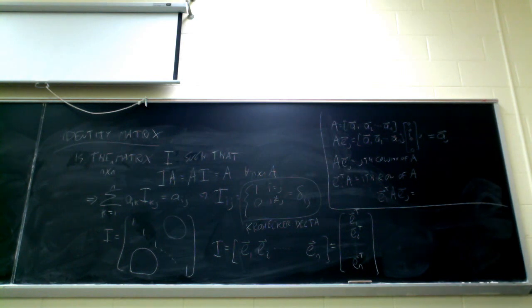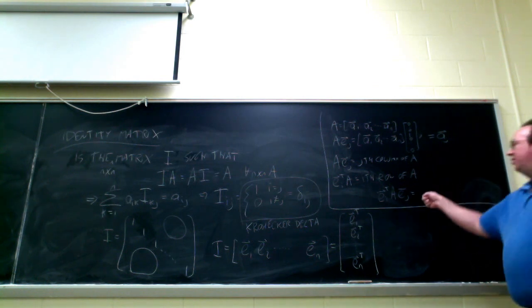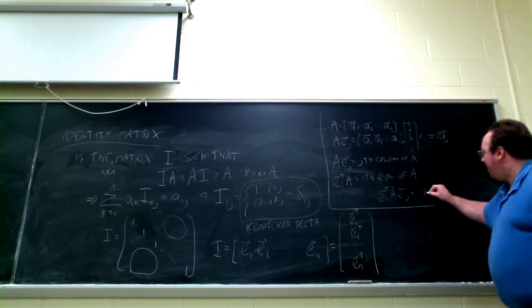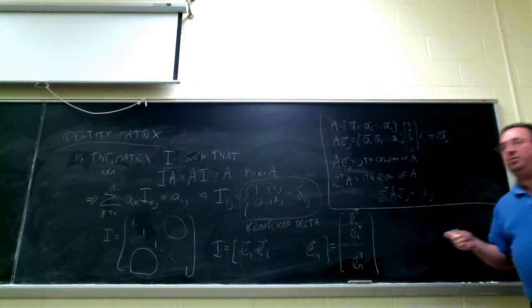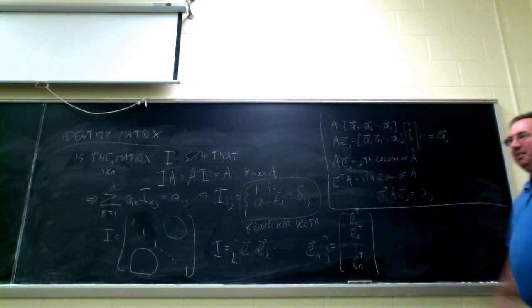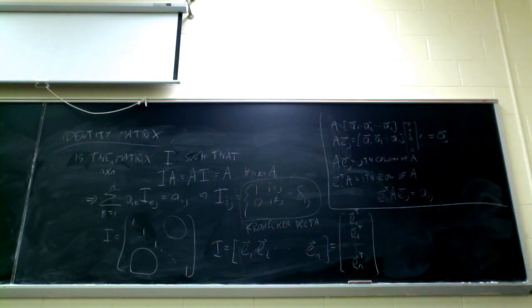Now I'm taking the ith row of that column. If I'm taking one row out of a column vector, that's just going to be one element. So what is this going to be? a_ij. Yes, a_ij. So this is a convenient way to represent individual entries of a matrix in terms of products involving the entire matrix. This is going to come up again and again, so it's important to get used to.